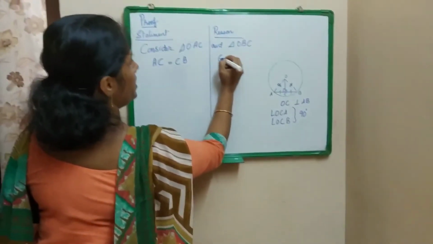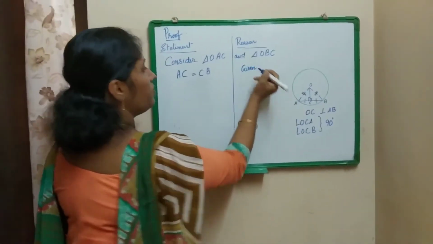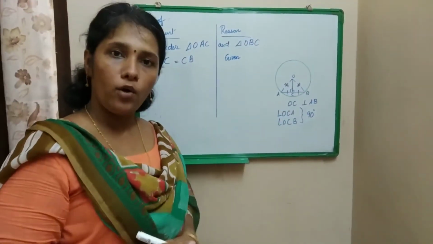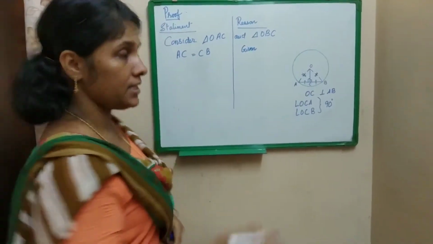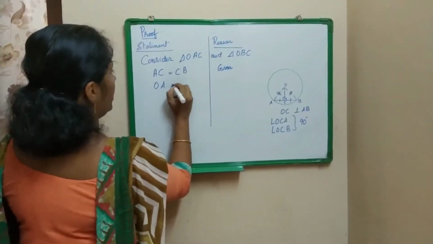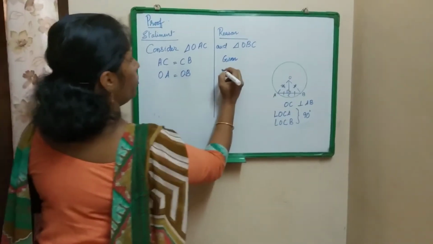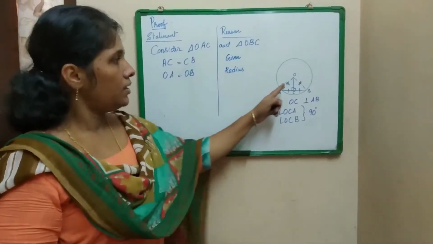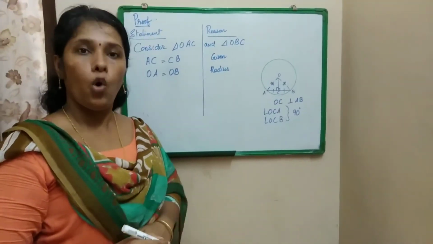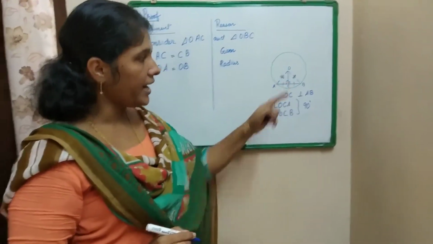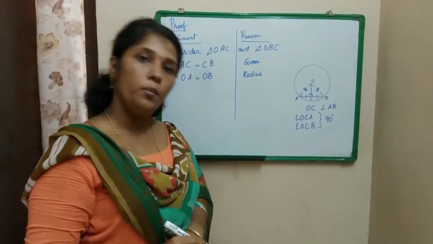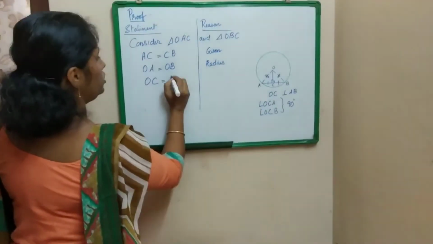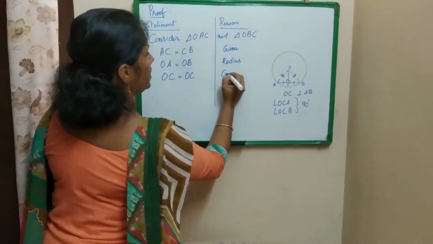The reason is given. Now, what about OA and OB? Clearly the radius. OA equal to OB, radius of the circle. The third side is OC. The side OC is common to both the triangles. So, OC equal to OC, common side.